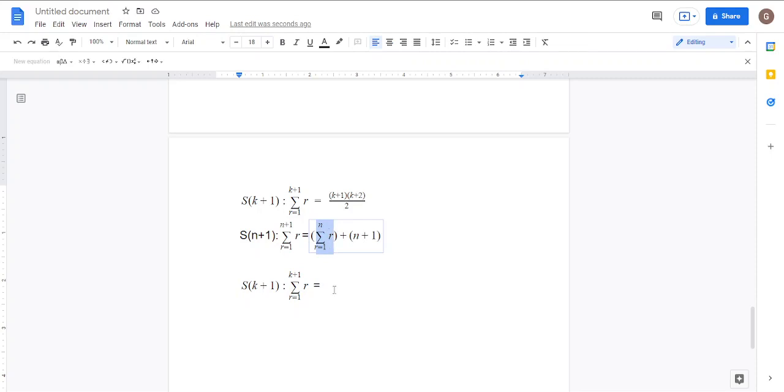Just replace the n with a k here. So wherever we see n, we replace it with a k. If I write it like this, k plus 1. So do you agree with what I did there? I basically replaced the n's with k.